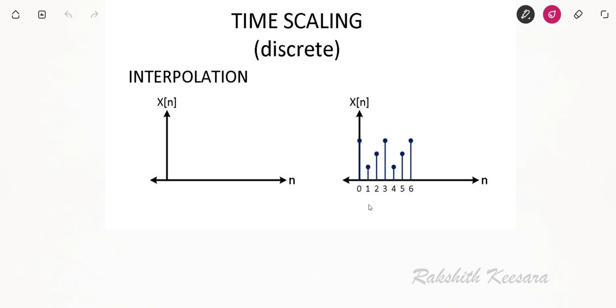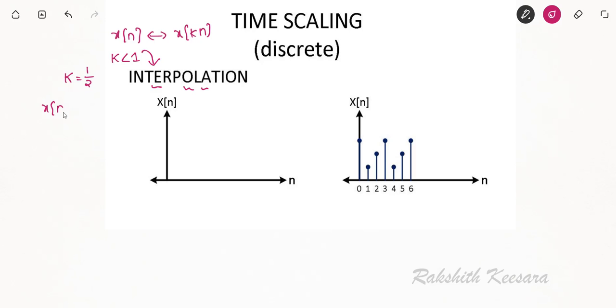Simple. Next, let us understand interpolation. That is, if I need to change x of n to x of kn, if k is less than 1, then this is called interpolation. So let me take k as 1 by 2.